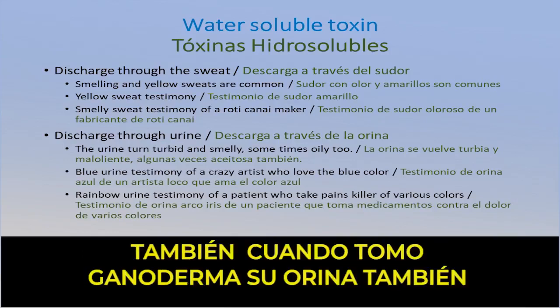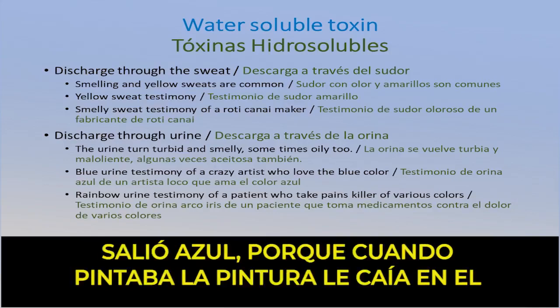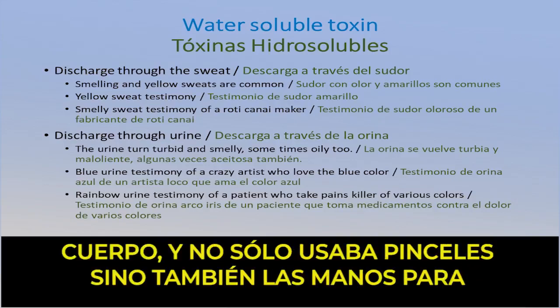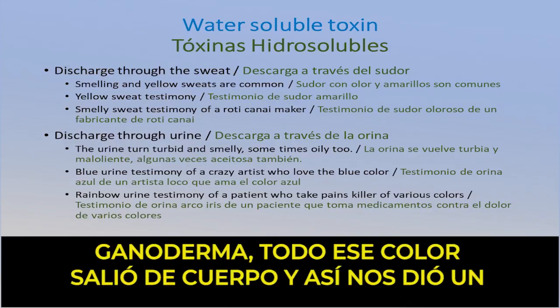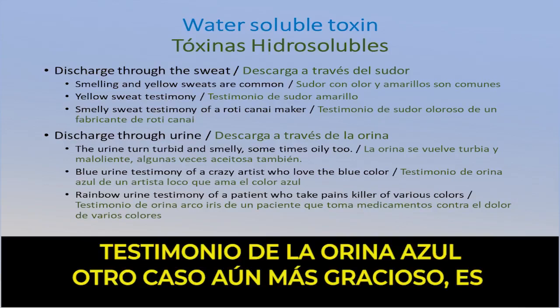When he took Ganoderma, the urine came out also blue. Because when he paints, the paint spreads all over the body. Sometimes he uses the brush, he uses the hand, he's a very crazy artist. So after taking Ganoderma, all the color came out from the body. Then we had a testimony of blue urine.